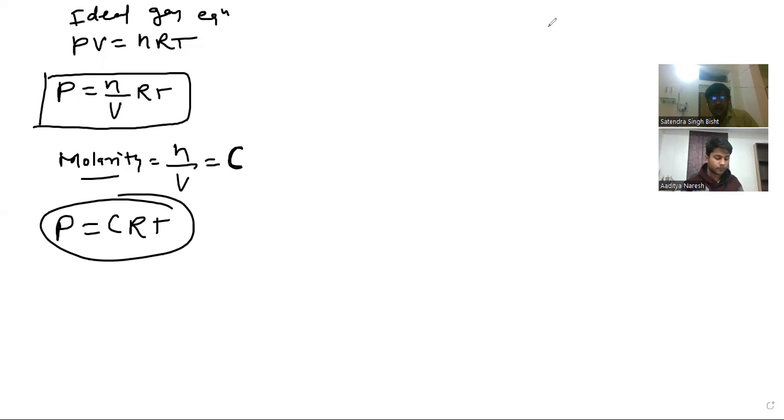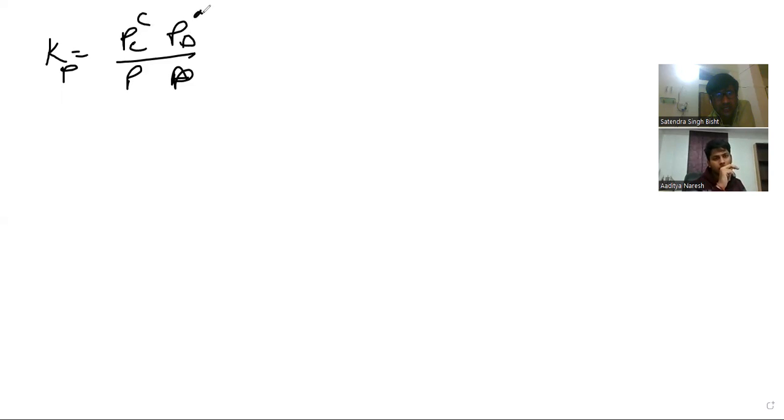And then replace this value. We know that Kp equals pressure of C and D over pressure of A and B. Then you can use CRT in place of pressure, because P equal to CRT.